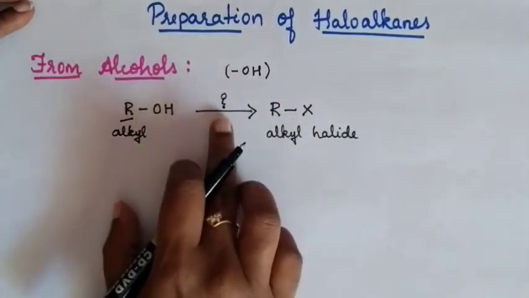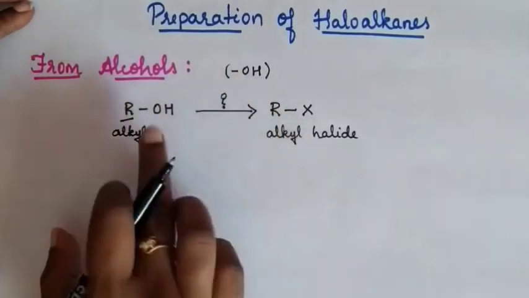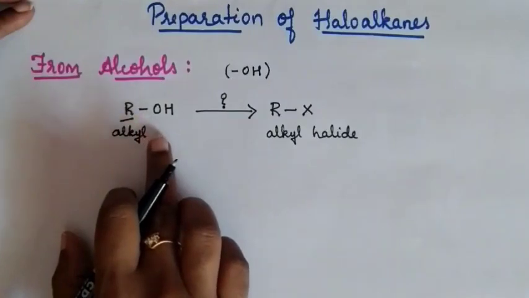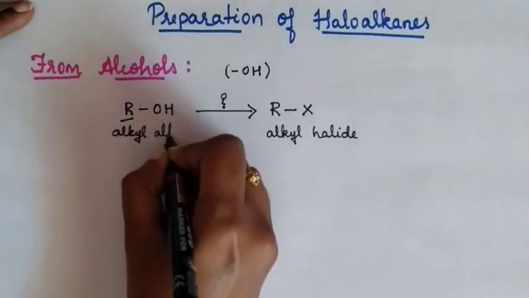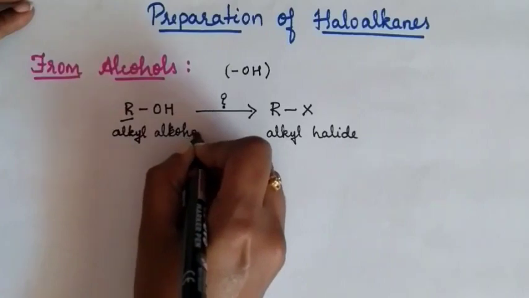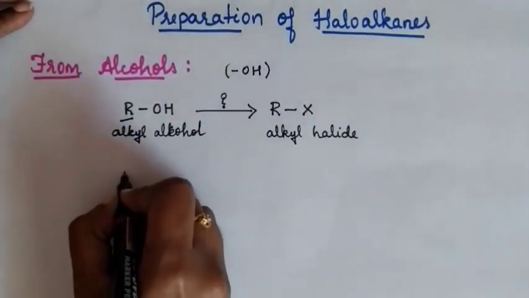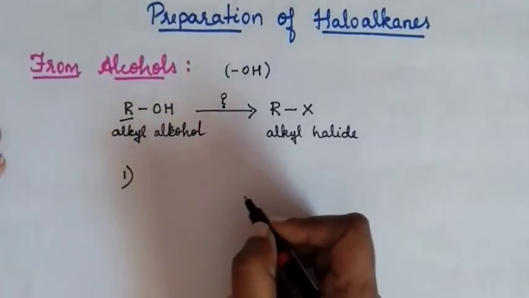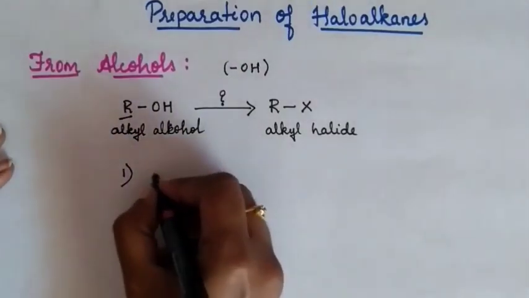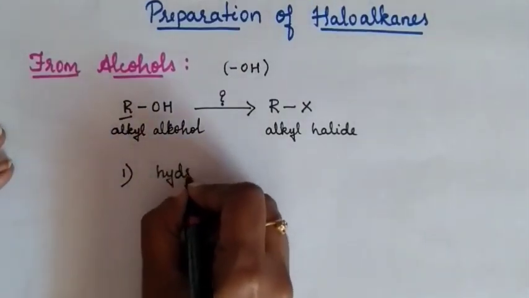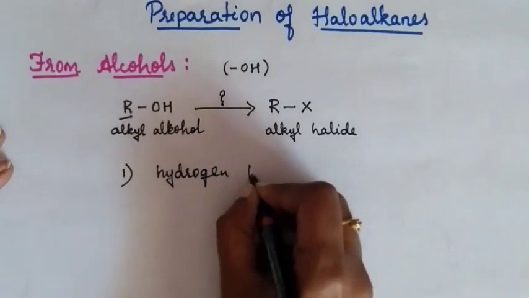The conditions required for the preparation of alkyl halide from alcohol. There are three important reagents we are going to use in these processes. First one is hydrogen halides.